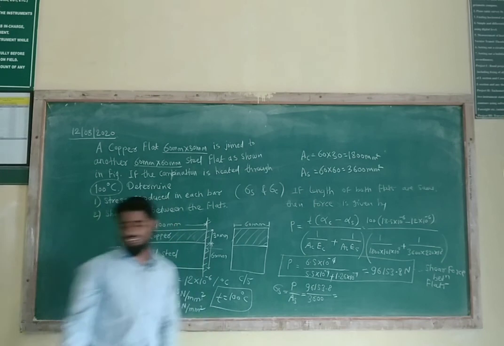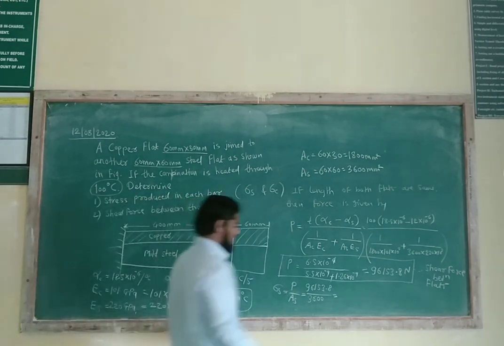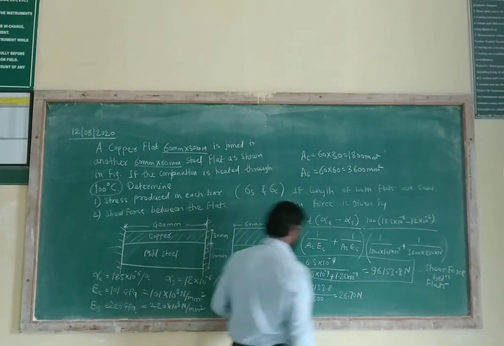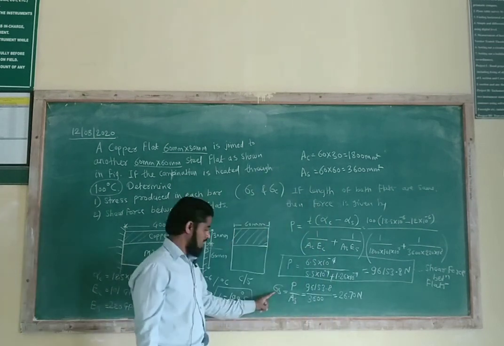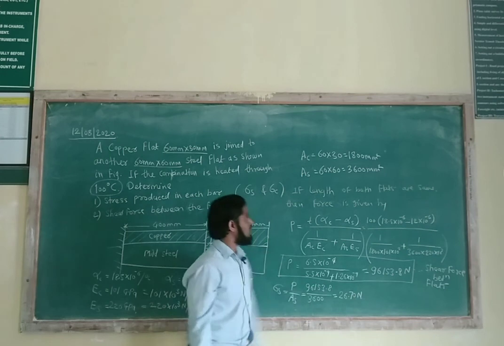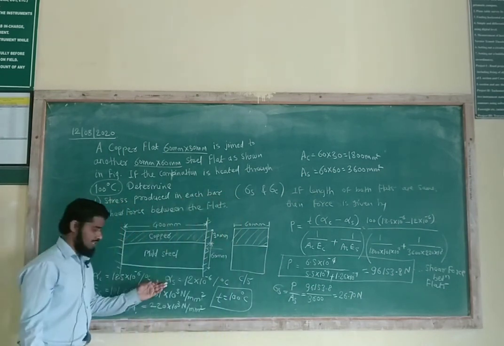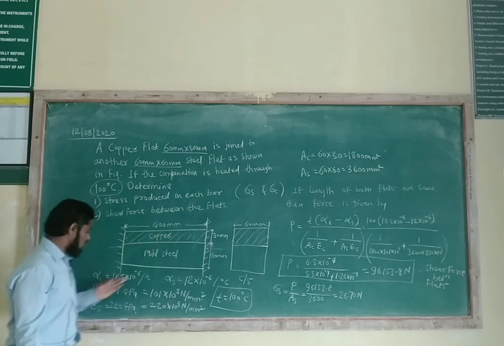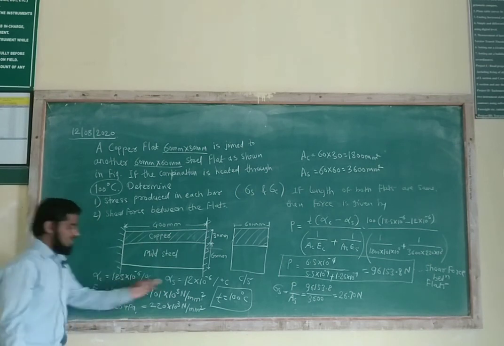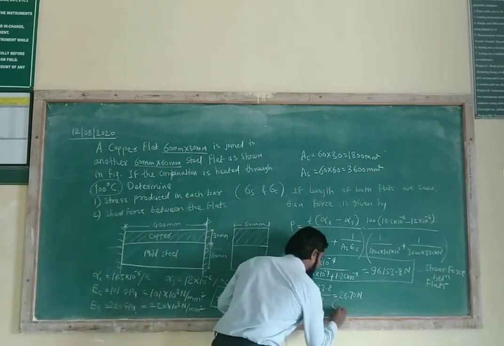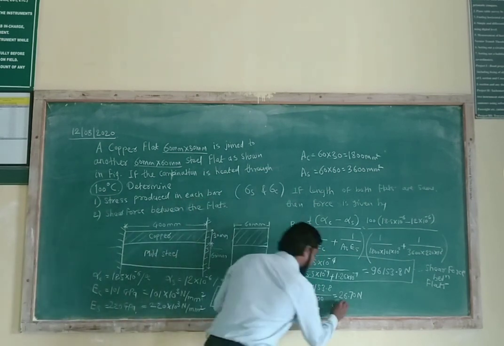Then stress in steel becomes 26.70 Newton per mm square. As the coefficient of expansion for steel is lower than the coefficient of expansion for copper, the stress in steel will develop in tensile nature.